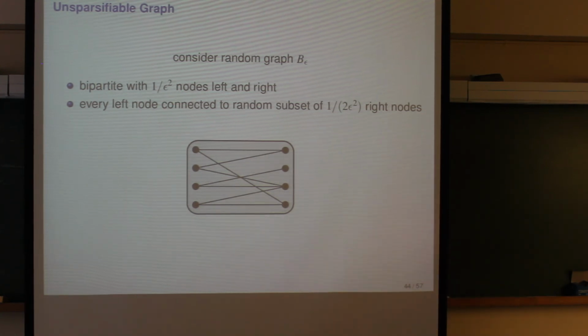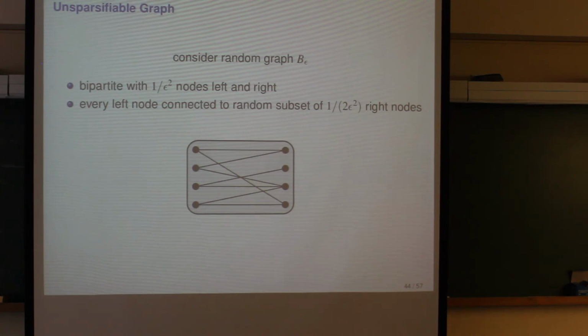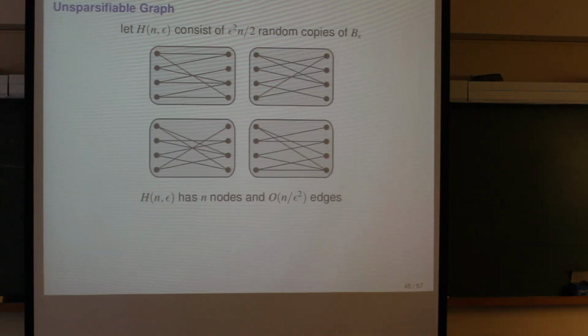They're just bipartite, and you connect every left node to half of the right set of nodes, with 1 over epsilon squared nodes here and 1 over epsilon squared nodes here, so that you would have 1 over 2 epsilon to the power 4 edges. Then you take a bunch of these, basically epsilon squared n copies, to get a graph which has n over epsilon squared edges.